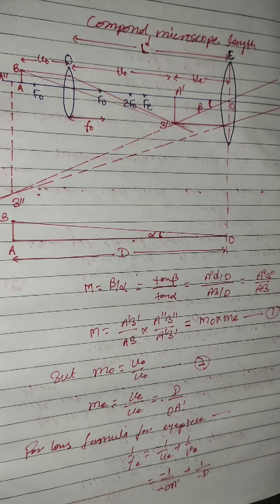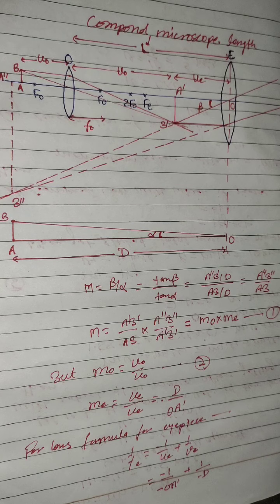Now let's talk about the magnifying power or angular magnification of the compound microscope. As in the case of a simple microscope, we define angular magnification, the same way here we are going to define it.